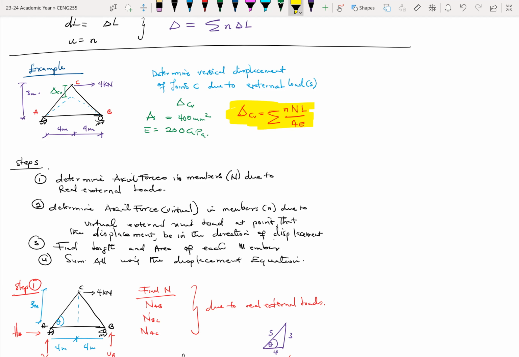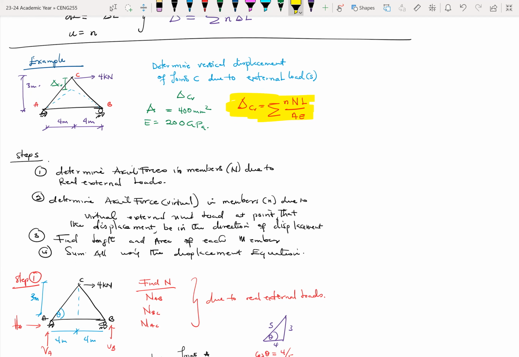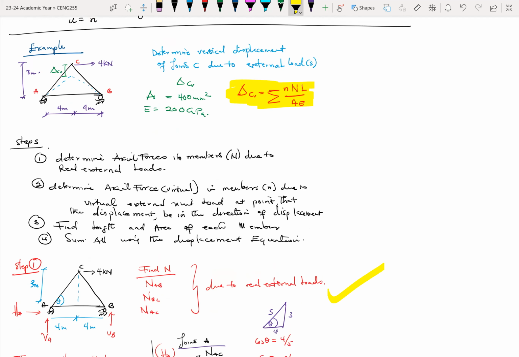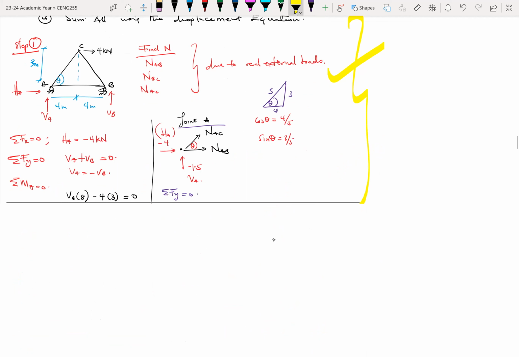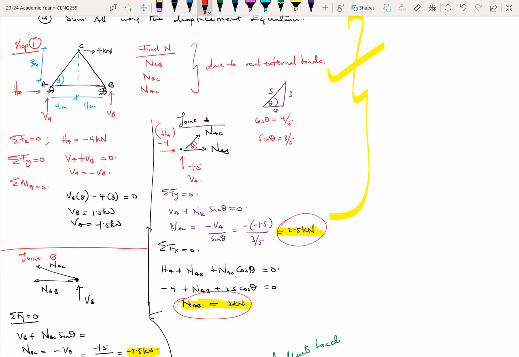Then when you are done, you take away all external loads, and then you place a virtual load or a unit load in this case in the direction of the displacement that you want to find. All right. So this calculation in this zone is all to find the real axial forces in the members, right?